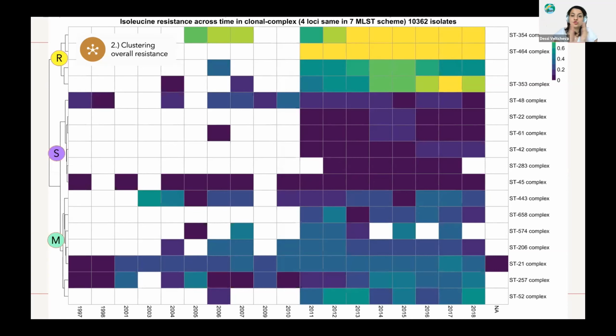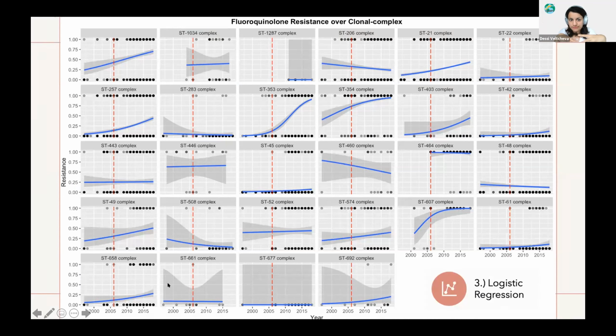So what about trend? That comes into logistic regression. When we look at resistance across time for different clonal complexes, there's much more diversity. I have made it a bit easier to illustrate. The red line is 2006, when the growth promoting ban came into place.